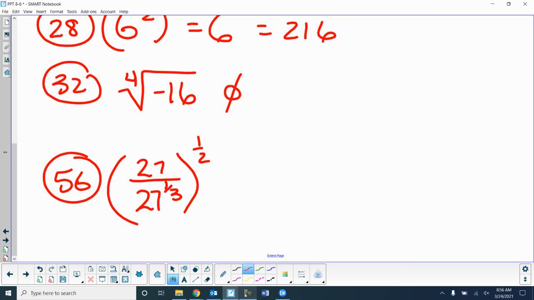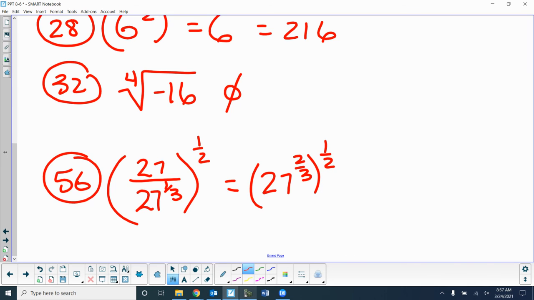So what's the exponent for 27? 1. What's bigger, 1 or 1/3? 1. So where's the 27 going to stay, top or bottom? Top. What's 1 minus 1/3? 2/3, right? So this would be 27 to the 2/3. That's that part simplified, to the 1/2 power.